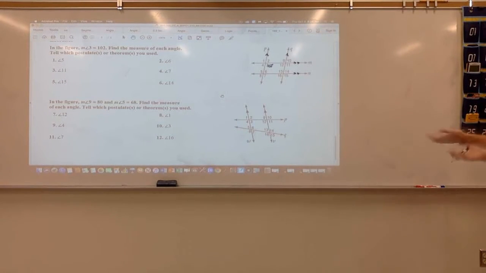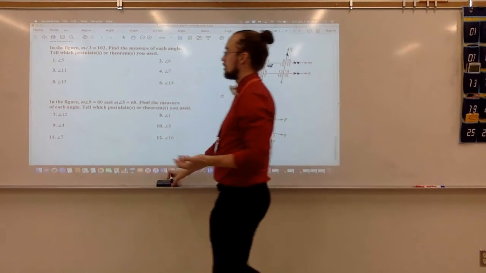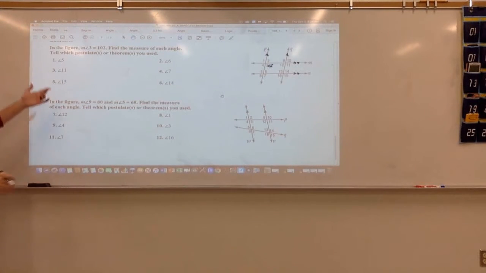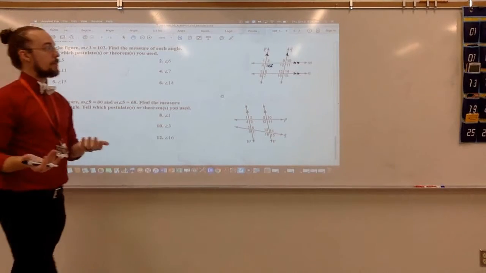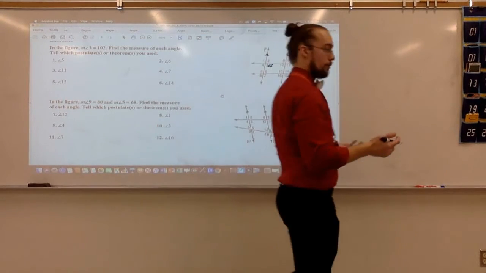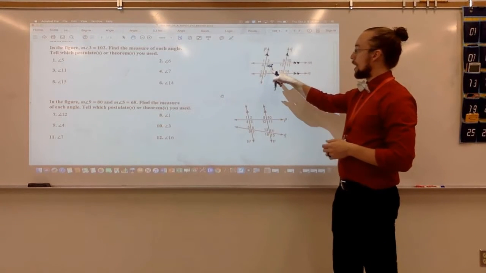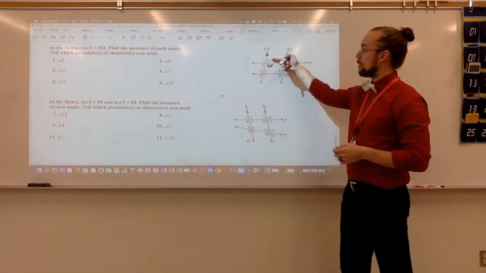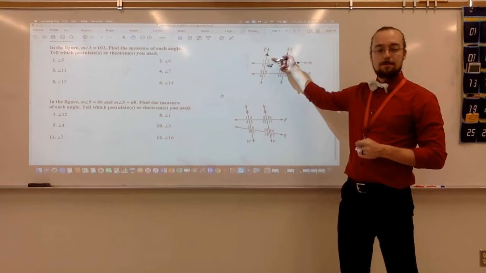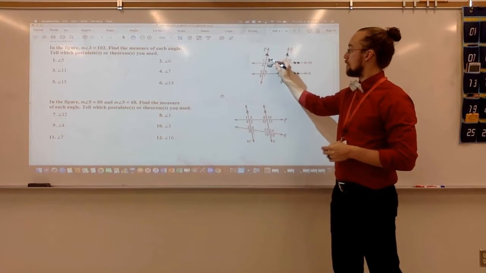So let's do that real quick here. They only ask us for a few specific ones, but it might actually be easier just to fill in the whole thing and then answer the questions. If we know angle 3 is 102, what would angle 2 be? 78.